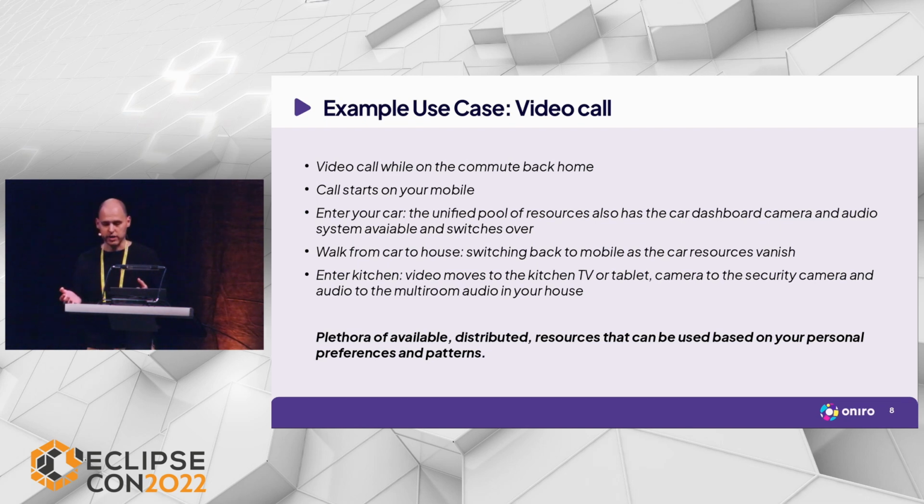Based on your patterns, the system decides, okay, I can switch over to the dashboard camera and even the audio of the car, to keep the conversation going while driving safely on the other hand. Then you leave the car, and you're switching back to your mobile because the resources of your car vanish, and then you go into your kitchen, want to prepare dinner, and it switches over to the other things.